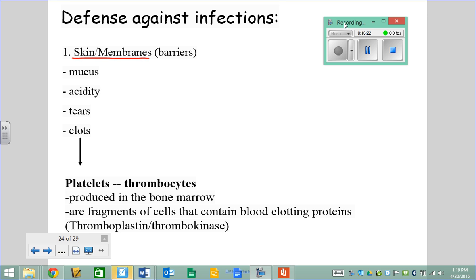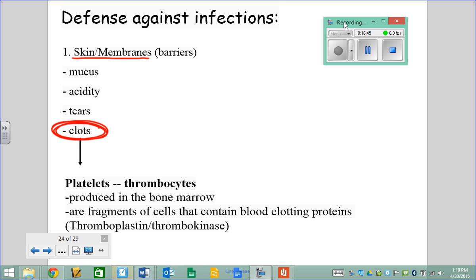In association with your skin and the membranes at the exterior of your body, you have things like mucus, like what's in your nose, acidity, so there's acidity in your stomach, for example, tears, like what you have in your eyes, and of course, blood clots.